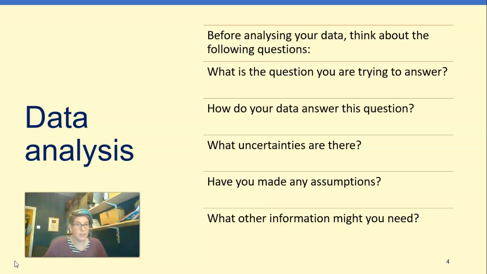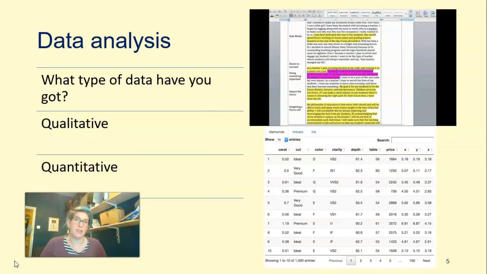Are there any uncertainties that you need to account for? Have you made any assumptions that you need to account for or recognise? And is there any other additional information that you need in order to be able to convincingly and robustly answer your research questions?